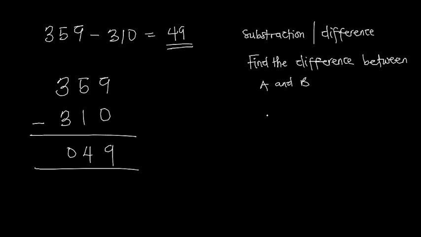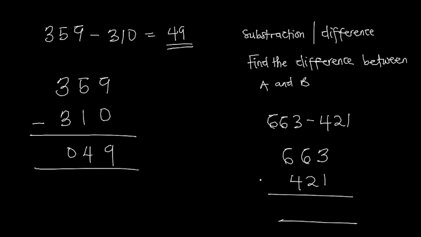Now let's have a look at another example. We have 663 minus 421. So I have 663 here, and then 421. So let's find the difference. Under the ones column I have 3 and 1. So 3 minus 1 will give me 2.